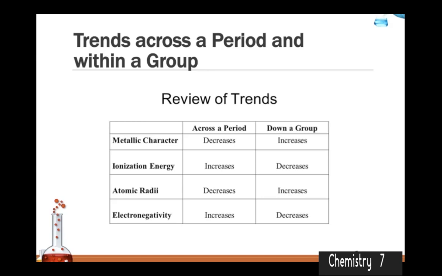However, atomic size or atomic radius and metallic character decreases. If we move down a group, metallic character and atomic size increases. However, ionization energy and electronegativity decreases.